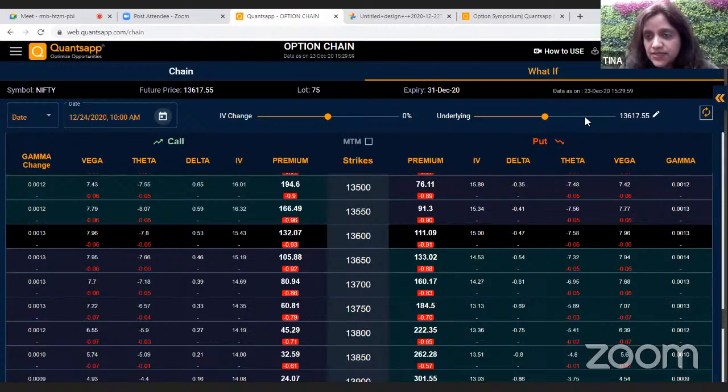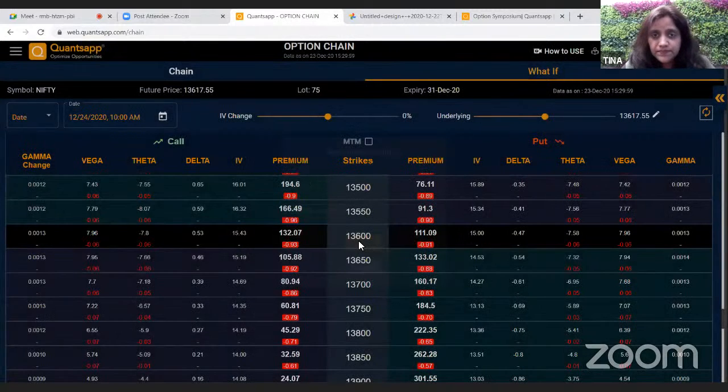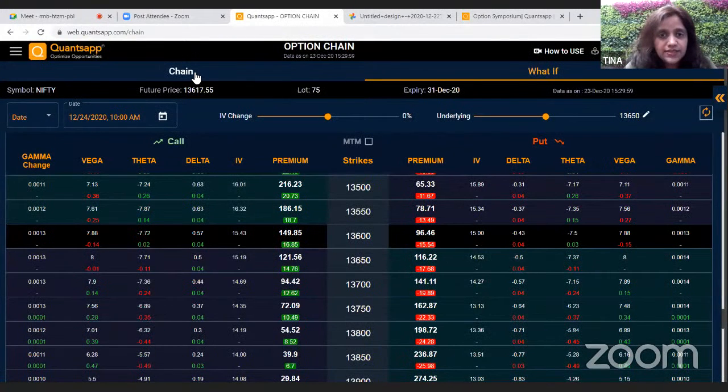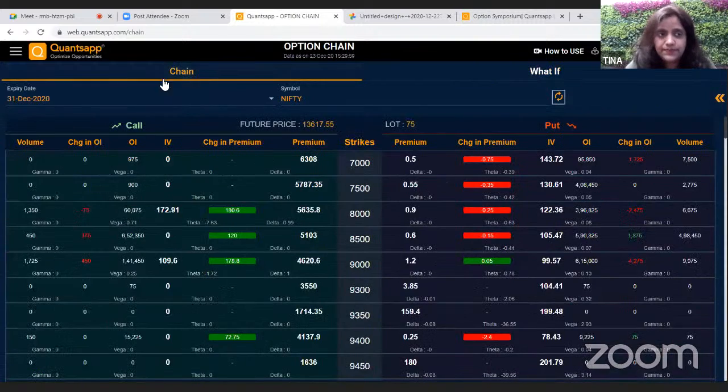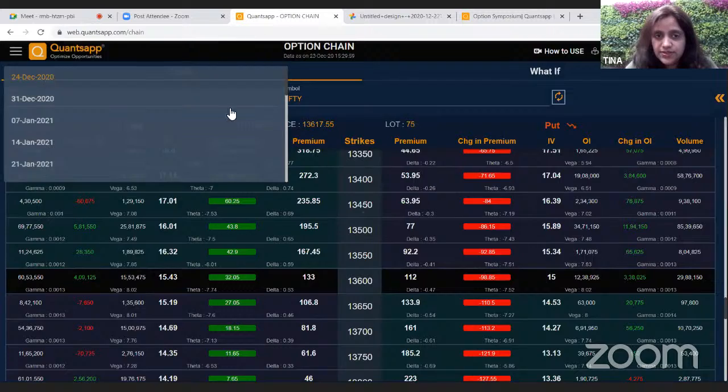What if the price moves to say 13,650? How would things be? Okay, I've selected the 31st December expiry. So let's select the weekly expiry. You change the expiry and make it 24th December.